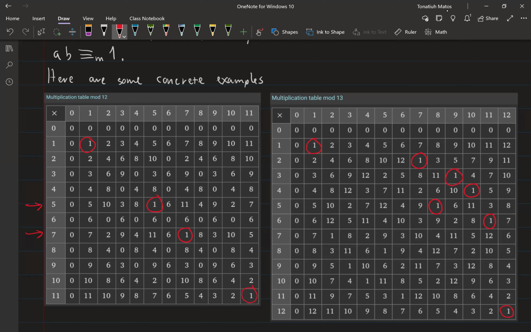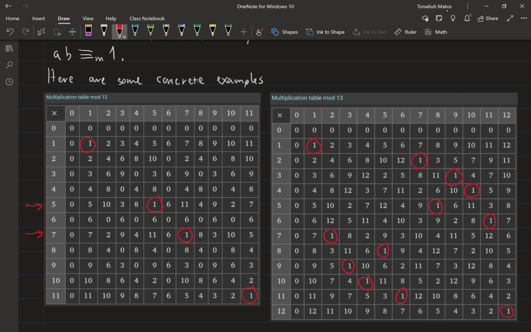Now, we didn't really prove that last bit, so I will do that now. Let me see if I can find all the number 1s here. As you can see, every single row, of course, except 0, because that one consists of just the number 0, contains a number 1. And if you look at the rows, each row contains all the numbers shuffled, all the numbers in a different order, but there's no repetition, and every number appears somewhere on each row.